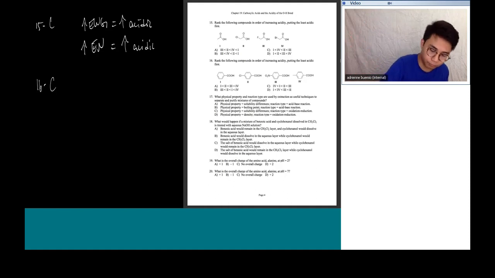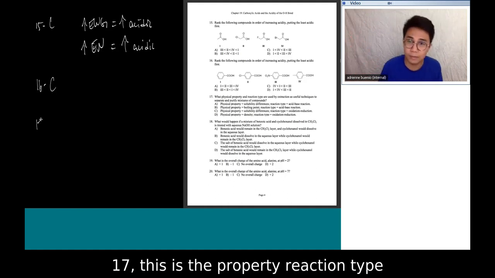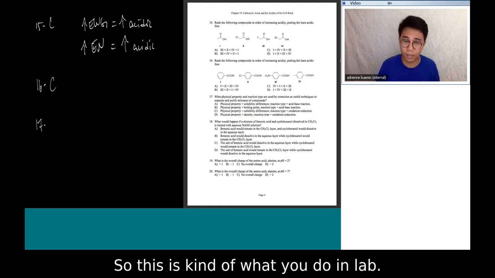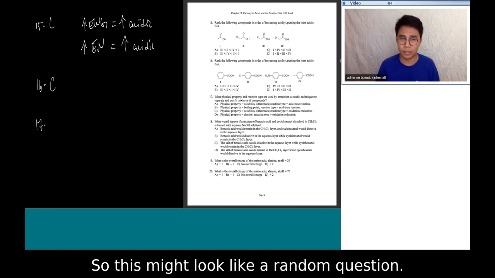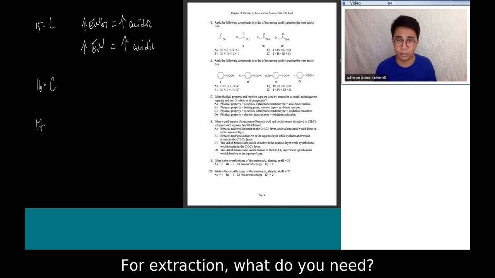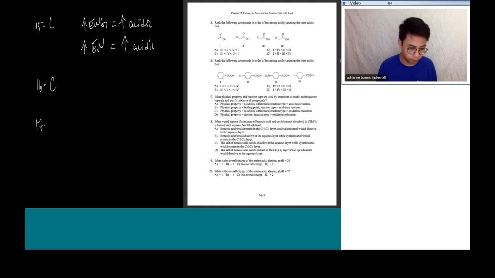So 17, physical property, reaction type used by extraction to separate and purify mixtures of compounds. So this is what you do in lab, right? This might look like a random question, but you just need common sense to figure it out. For extraction, what do you need?